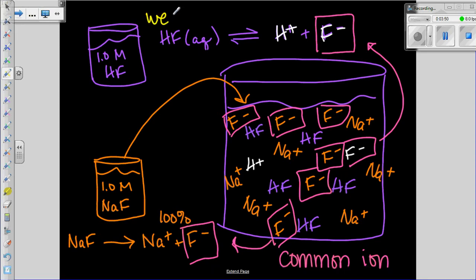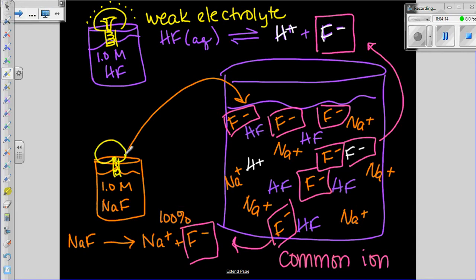This is a weak electrolyte. If we had taken our little conductivity meter and stuck it in this solution, so let's say we have a light bulb, that light bulb would only glow kind of dimly. If we had taken our conductivity meter and stuck it in this solution, it would shine really brightly because sodium fluoride is a strong electrolyte and we get 100% ions.